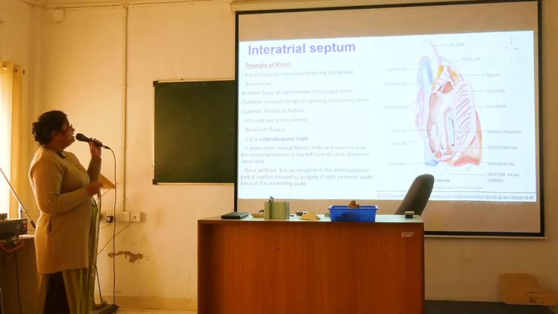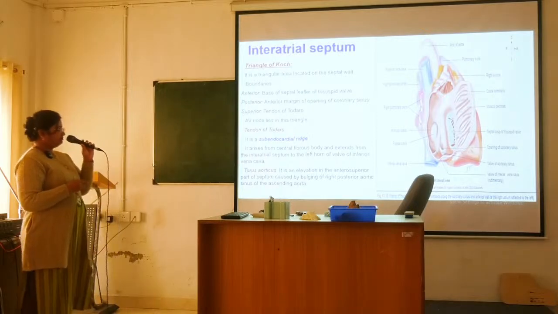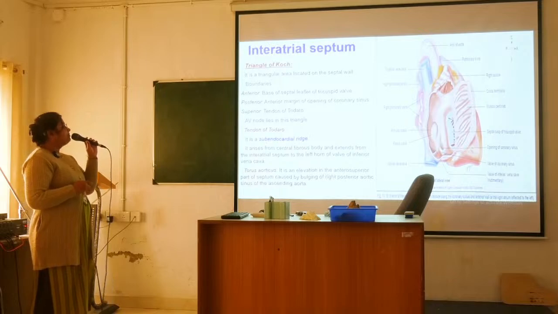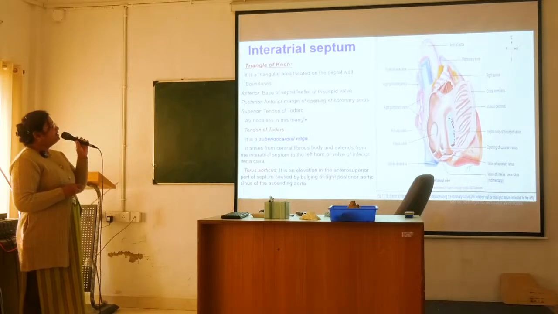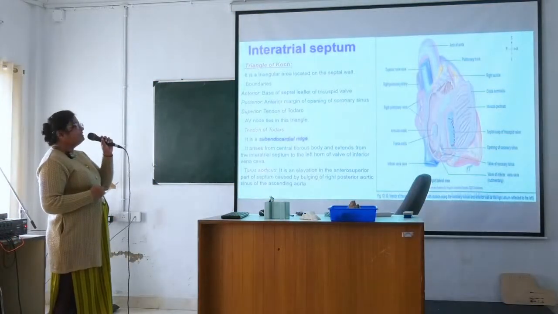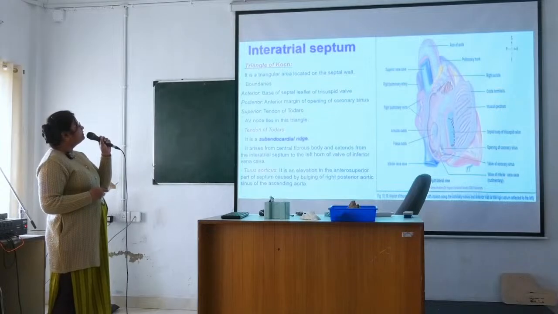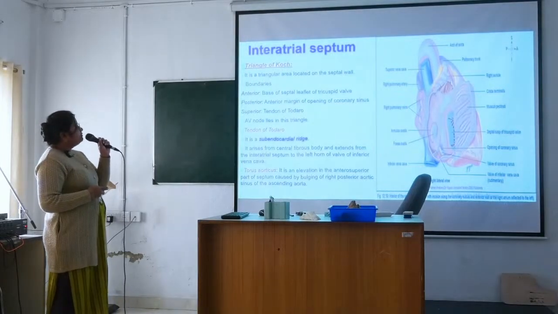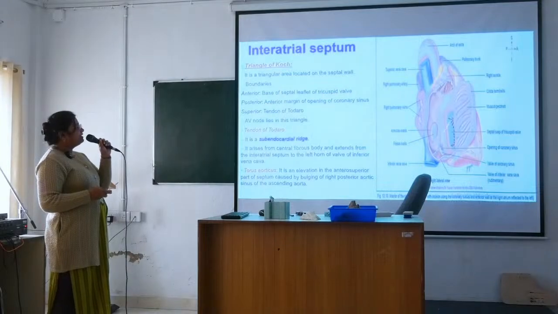Now another thing, triangle of Koch. It is very frequently asked in viva. It is a triangular area located on the septal wall. Okay, here this area is the triangle of Koch. Boundaries are: anteriorly, the base of the septal leaflet of the tricuspid valve.